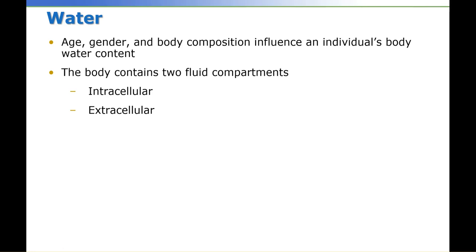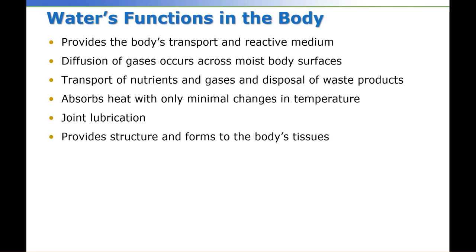We have to make sure we have enough water because it serves a lot of functions. Functions: it provides the body transport, a reactive medium, and diffusion of gases across most surfaces. It transports nutrients and gases and disposes of waste products, absorbs heat with only minimal changes in temperature, provides joint lubrication, and provides structure and form to the body tissues.